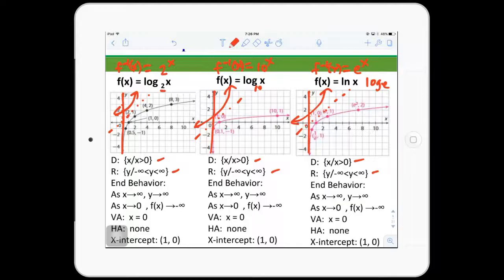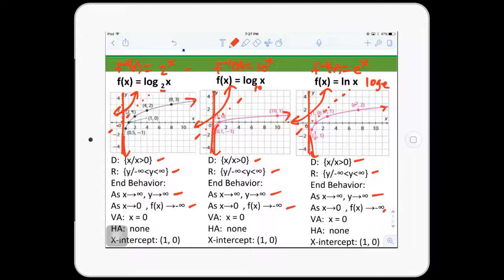That makes sense, because remember the inverse has the opposite: the domain is all reals, and the range is y greater than 0. And behavior-wise, as you go to the right-hand side, the function approaches positive infinity on all of them. As you go to the left side, it approaches negative infinity, for all three of them.